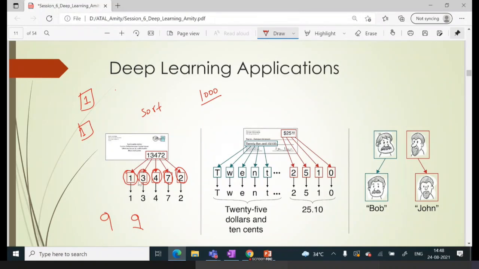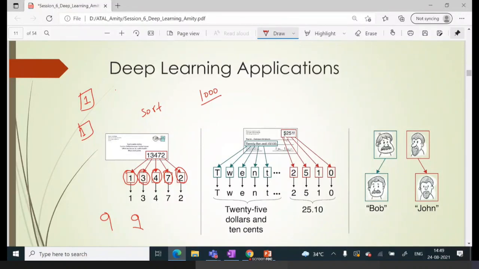So this seems like a very tedious and time-consuming task, but it turns out that deep learning can solve this particular problem very efficiently, right? Efficiently in terms of time as well as accuracy. With very high accuracy, the deep learning solution will solve this particular problem.